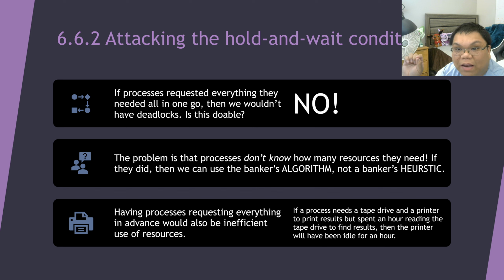Then that printer will have been idle for an hour when it could have been used by other processes. That printer was allocated for an hour, plus however much time it needed to print stuff, and most of that time was spent doing nothing when it could have been printing other stuff for other processes. So no, for that reason, we can't attack the hold and wait condition.